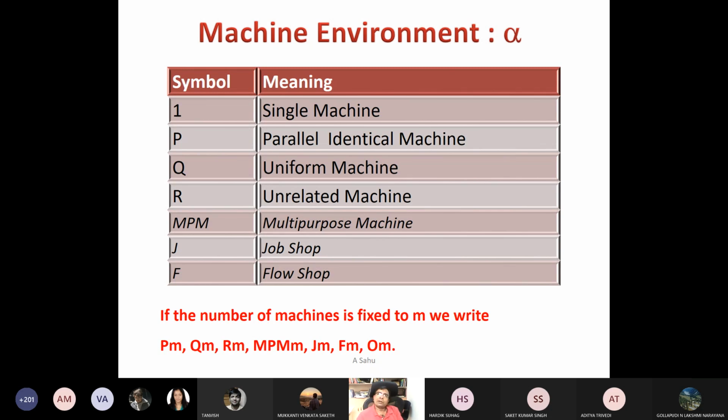Suppose the number of machines is always less than 10, then you can design algorithms to solve your scheduling problem which may be exponential in this 10. Still, it is fine. But if the number of machines is very high, then you cannot design an exponential algorithm like p to the power m. But if m is very small, then you can design it.